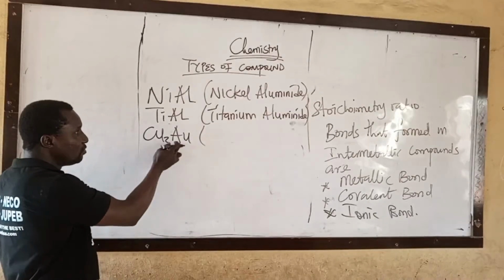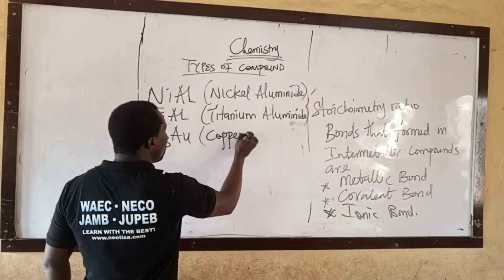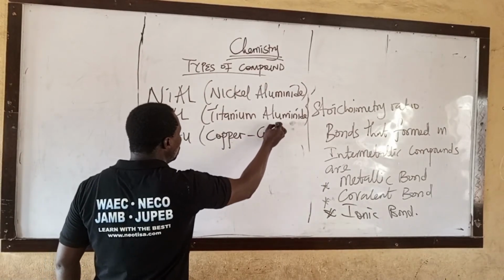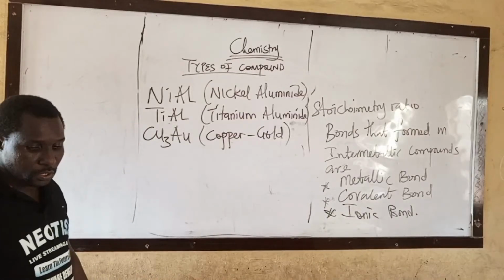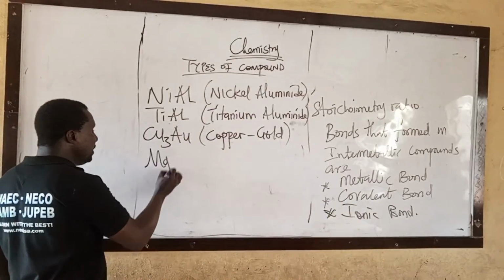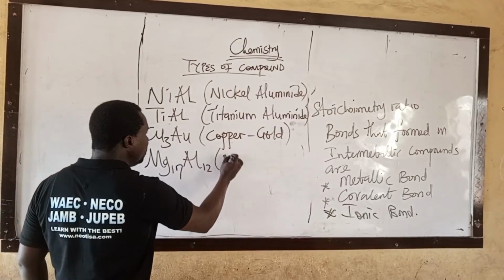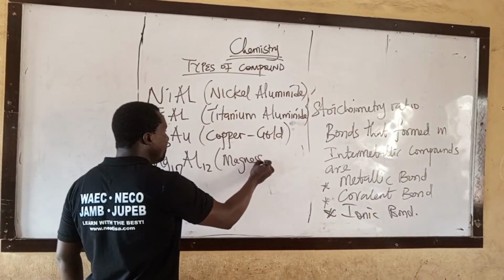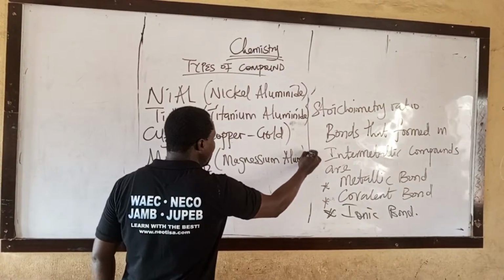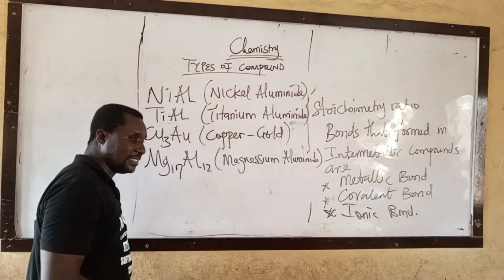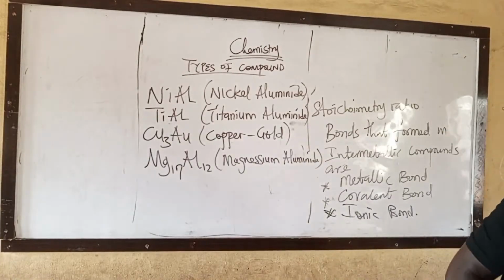That is metals, where you have two or more metals. We have magnesium aluminide, etc. Just combine two or more metals. That is intermetallic compound.